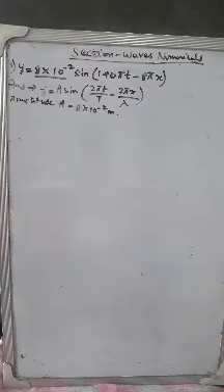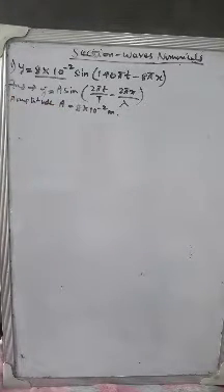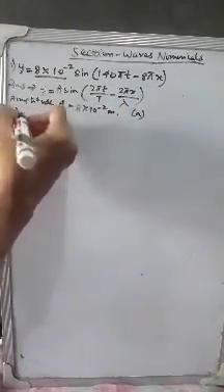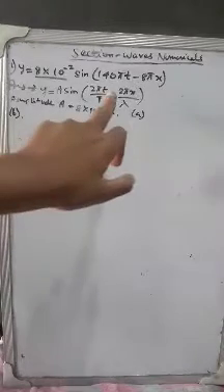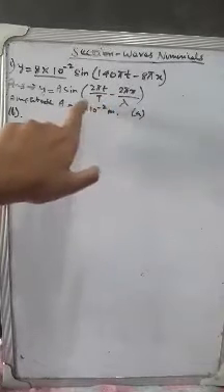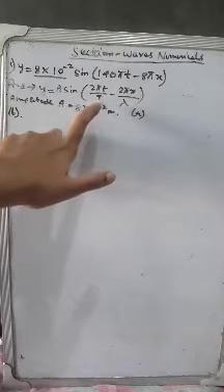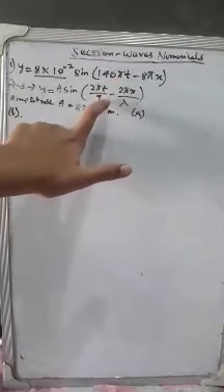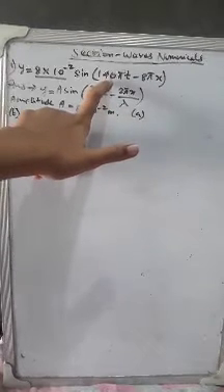Now moving to the next part, part B, you have to find the frequency. Compare the term 2 pi small t by big T in the original equation with 140 pi small t in the question.